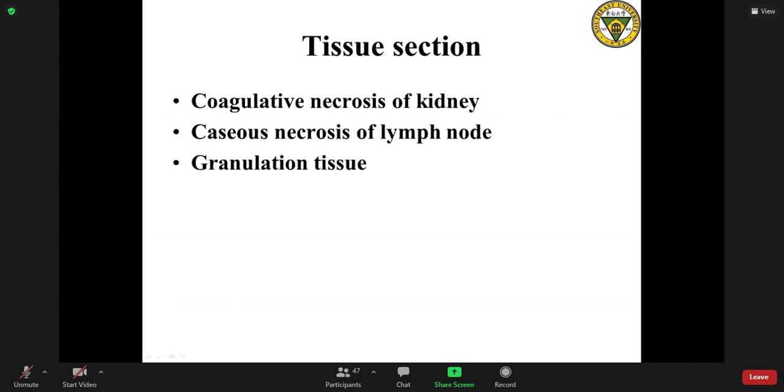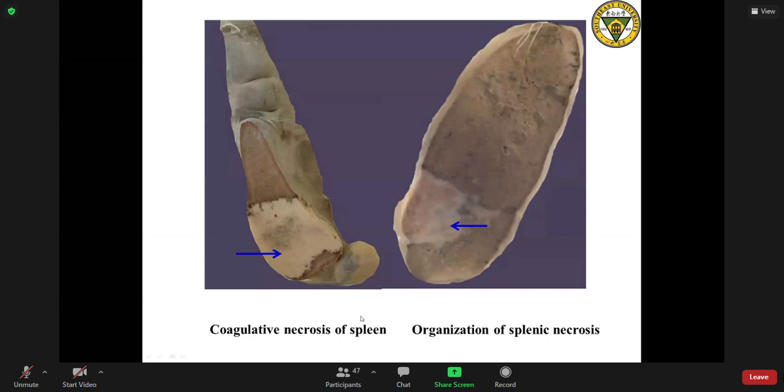Just 3 slides today. These 3 tissue sections are about necrosis and granulation tissue. Okay, here we say spleen. Can you recognize it's a spleen?